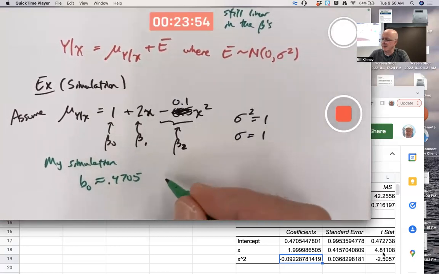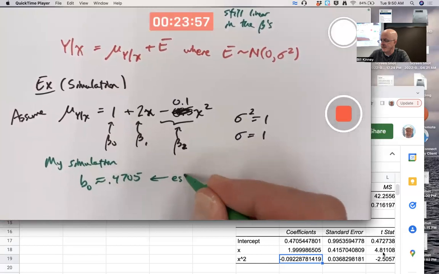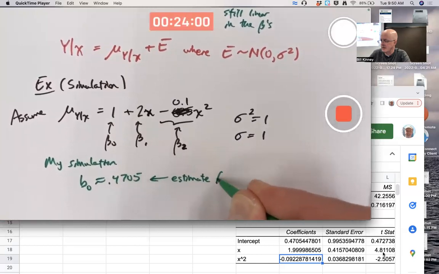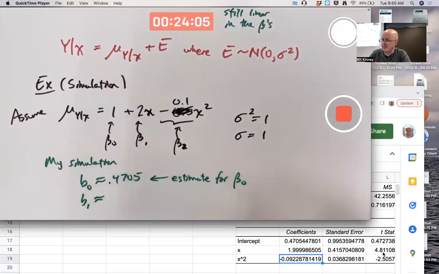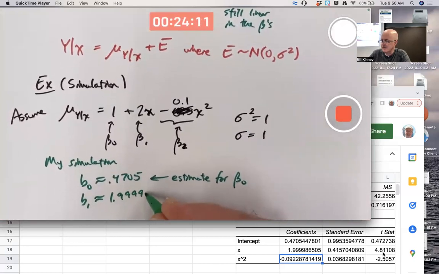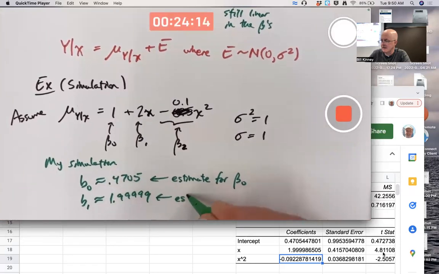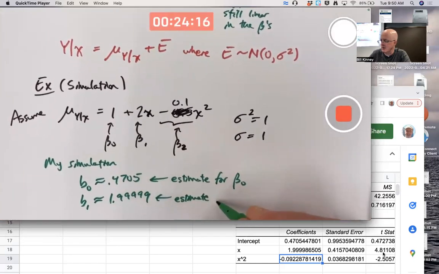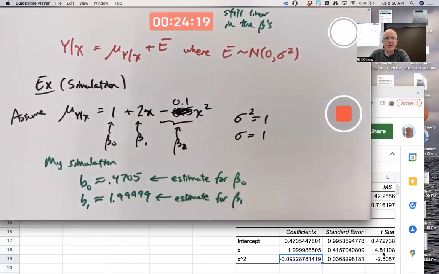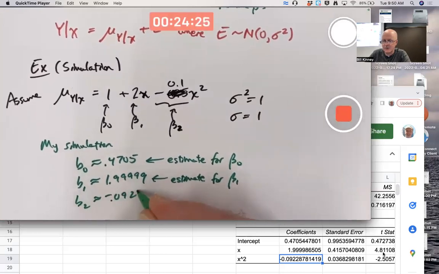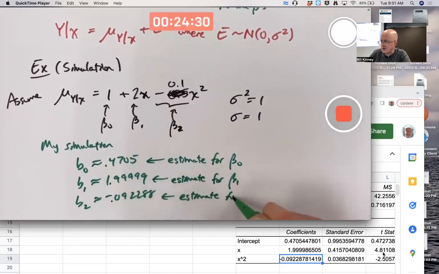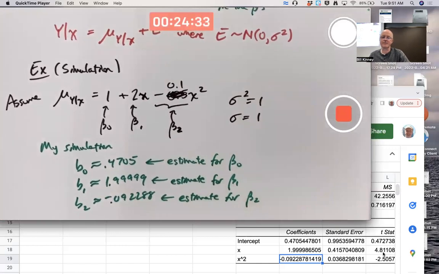The idea is that's an estimate for beta 0. B1 is an estimate for beta 1. You can see it's really close to 2. That's quite a coincidence that we were so close. And B2 is about negative 0.092288. That's an estimate for beta 2, the coefficient of x squared.